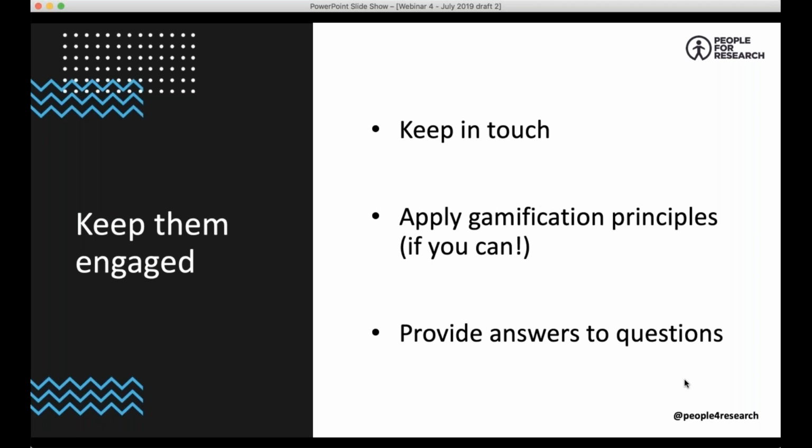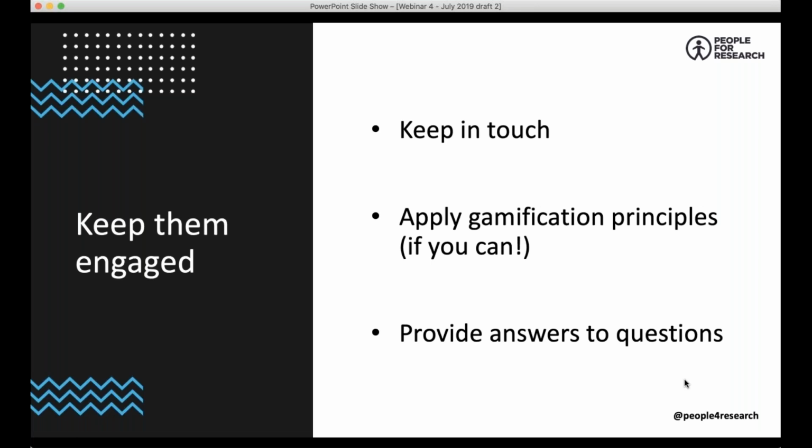Next tip, keep them engaged. So follow up with your panel when they show interest in a project. Don't just leave them hanging, and make sure that they know what is going to happen next. If you can, I know it's not always possible, but if you can apply any gamification principles and try to make the process a bit more fun and interesting, and this is particularly relevant if, for example, you're running research with adopters of emerging tech, gamers, for example.